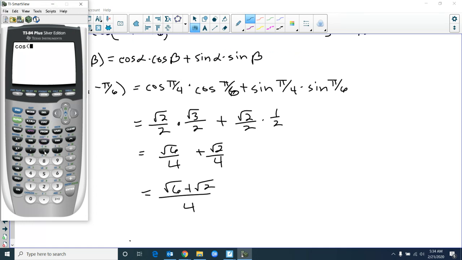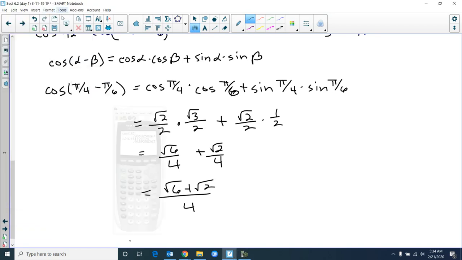So if you wanted to double check that, you can just plug in cosine of 15 degrees, and then I can plug in square root of 6 plus square root of 2, all of that divided by 4. Okay, same thing. So we are good there.